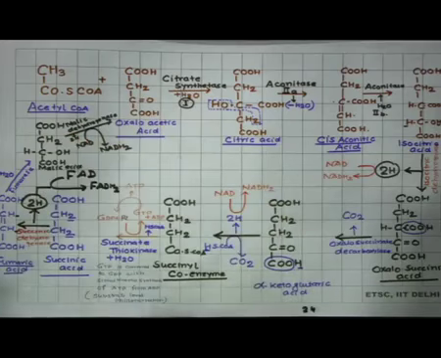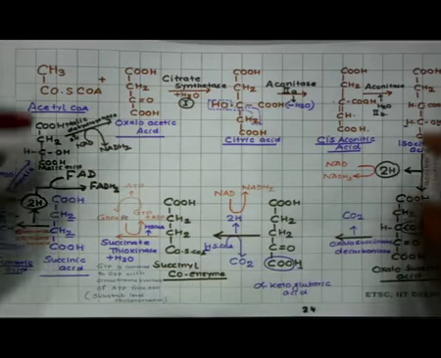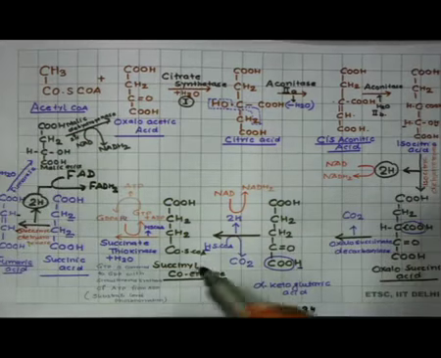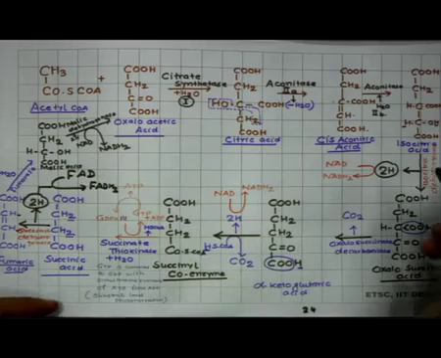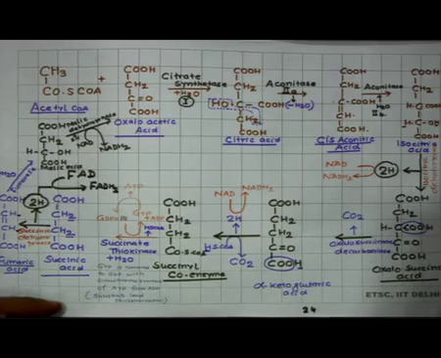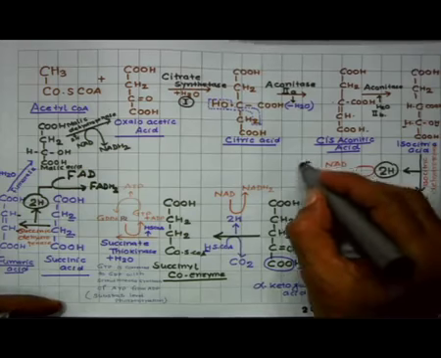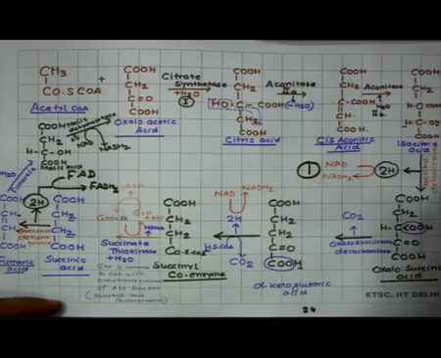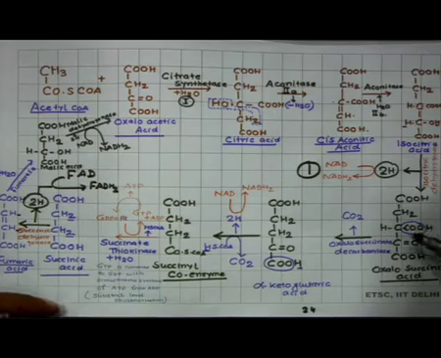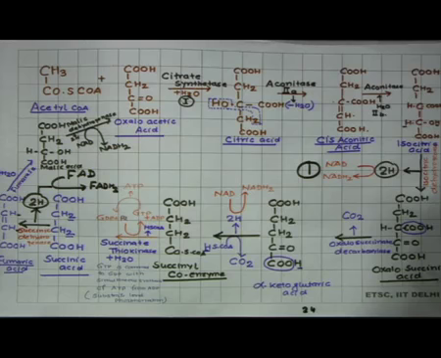So, when we look at the entire Krebs cycle, there is the formation of NADH2 here. First NADH2 is formed from the isocitric acid to oxalosuccinic acid.